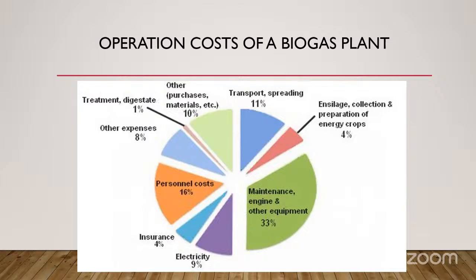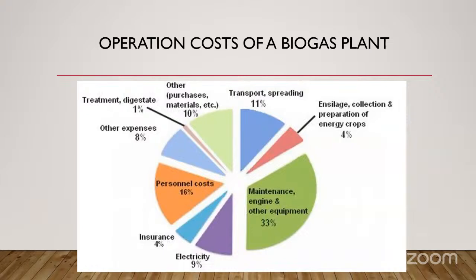We have electricity, which can take 9% when you are selling electricity. We have maintenance of the engine and other equipment, which is the most important part, which can take 33%.